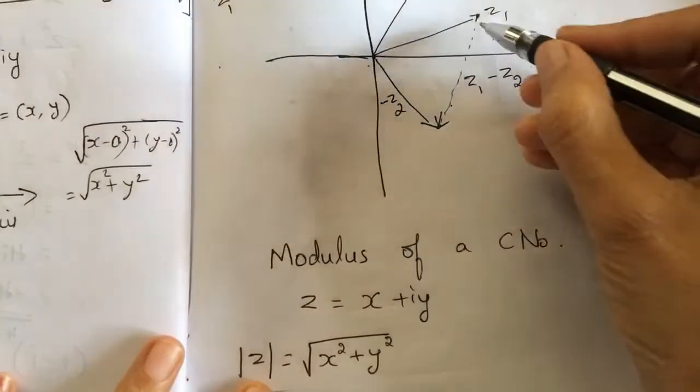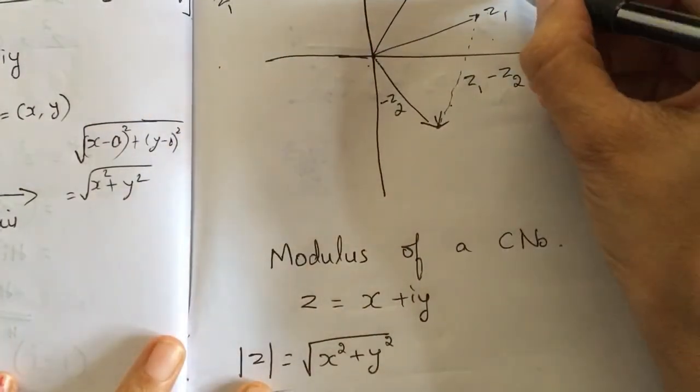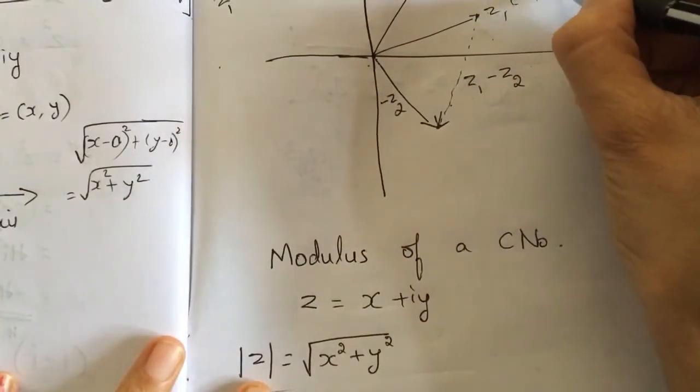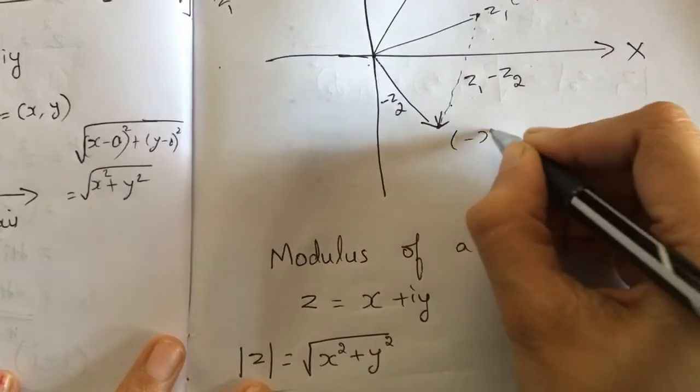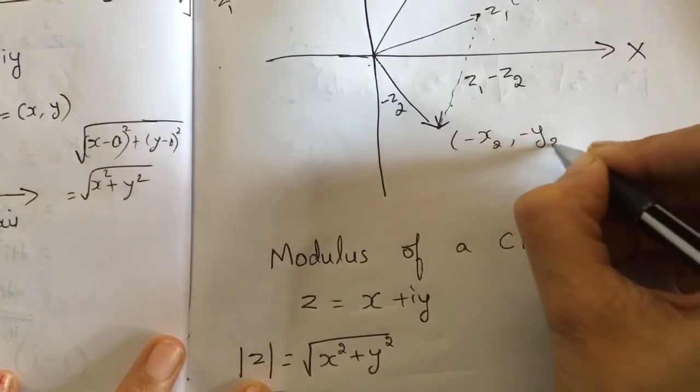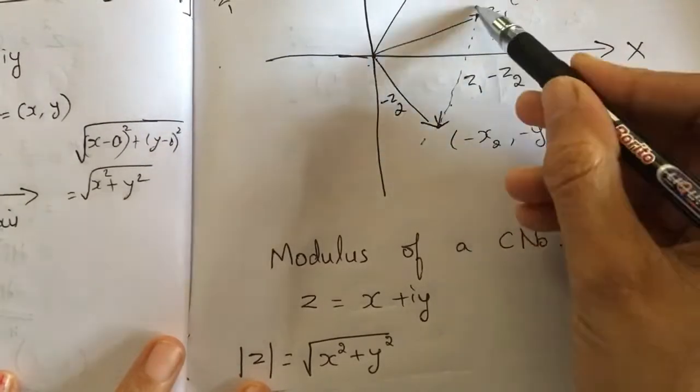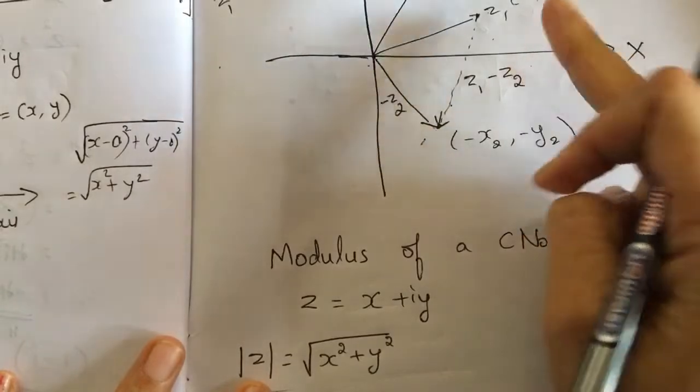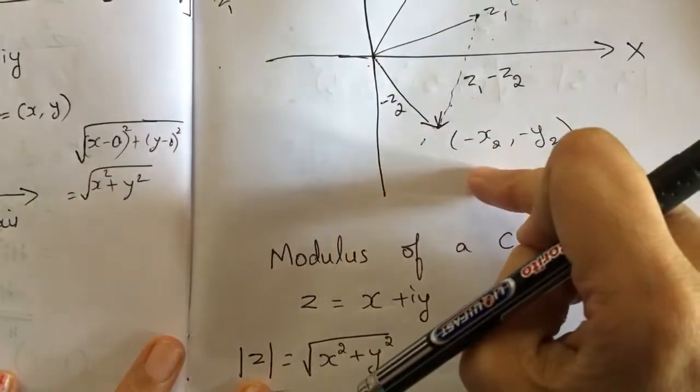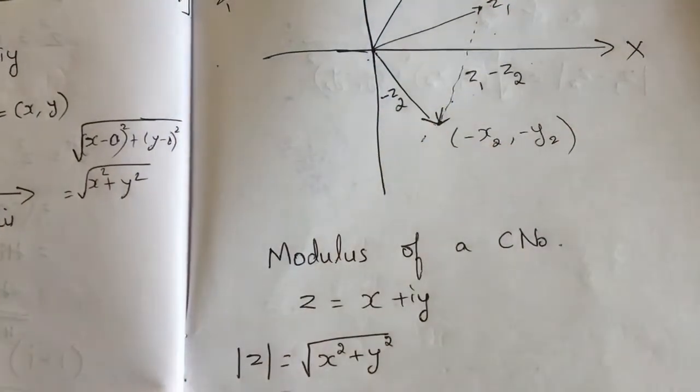So this is z1 minus z2. This point is x1, y1 and this point is minus x2, minus y2. So this distance is nothing but root of (x1 minus x2) whole square plus (y1 minus y2) whole square.